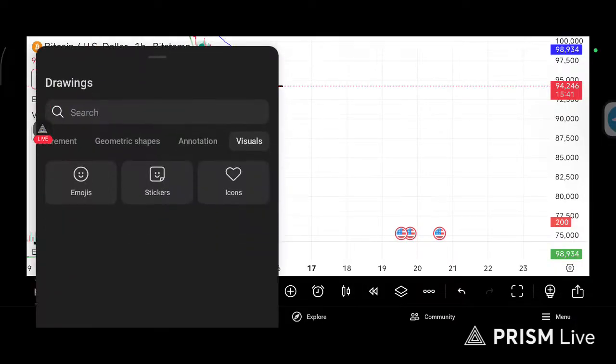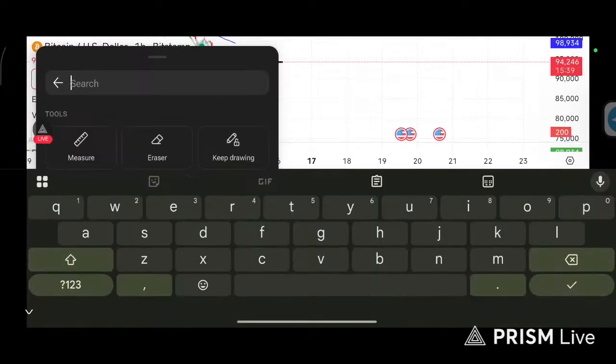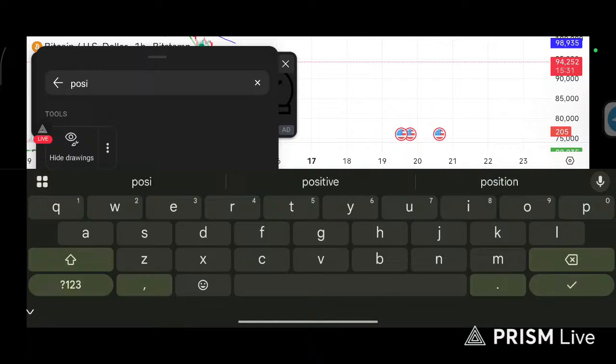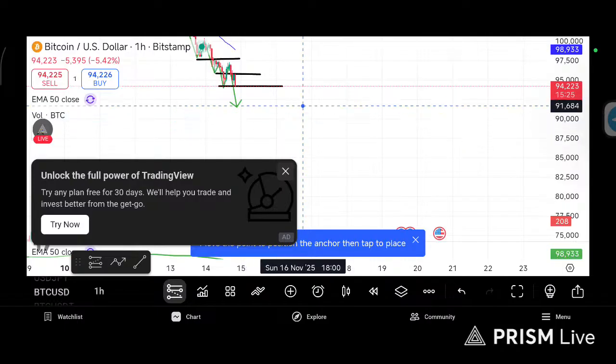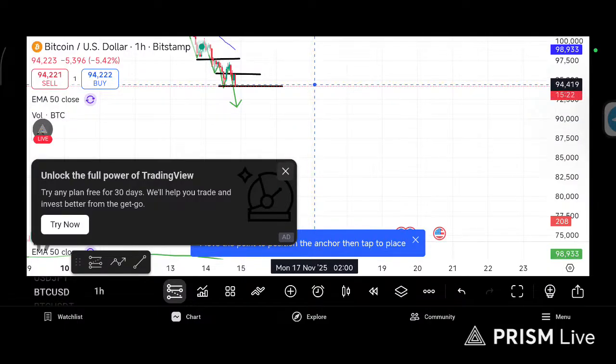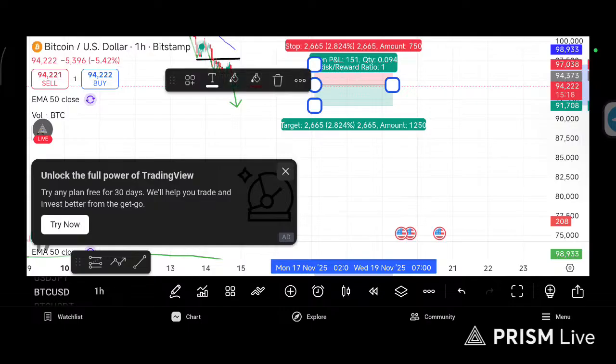I don't know what is wrong, but let me figure it out so that we can calculate the risk to reward ratio. Okay, so this is it. Short position, we can take it here.